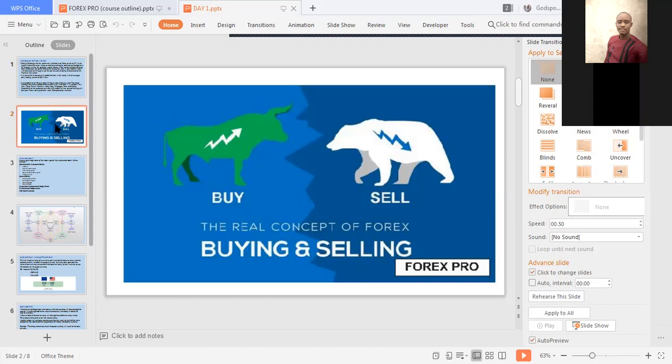If you observe something about these two animals, they always oppose each other. So in other words, in the forex market, you can never be buying and selling at the same time on two currencies.